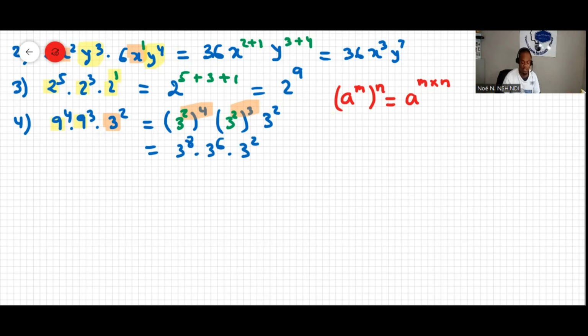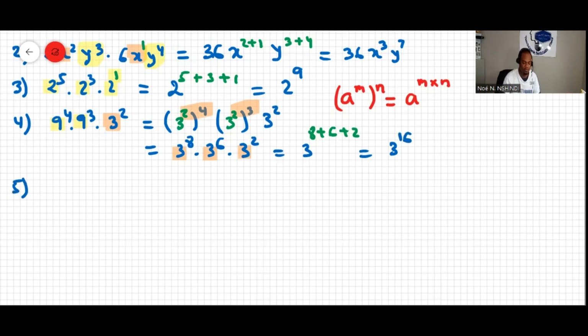Now that the bases, as we see, are common, we can just add the exponents, and then we can say 3 to the power of 8 plus 6 plus 2. This is just equal to 3 to the power of 16.